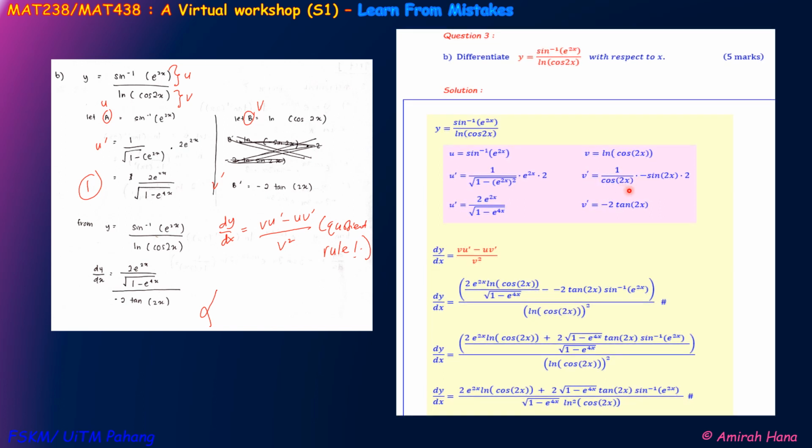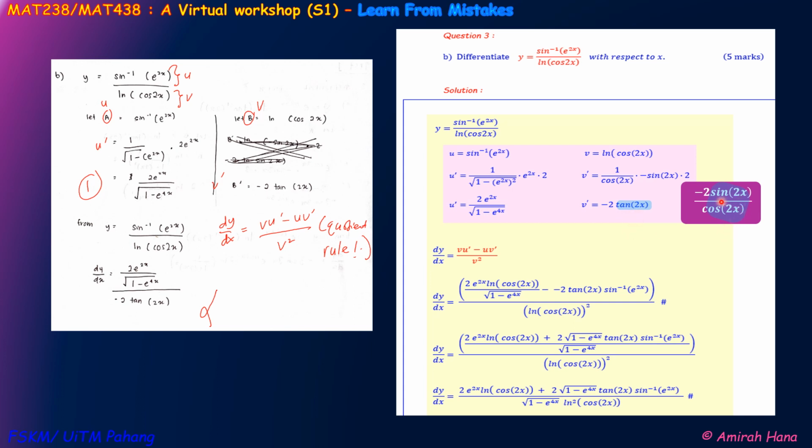Yang 1 over cos 2x times negative sin 2x times 2 ni, after we multiply, so we have negative 2 sin 2x over cos 2x. Okay. And sin 2x over cos 2x, ingat lagi tak dalam trigonometry, okay? Sin 2x over cos 2x equals to tangent 2x.